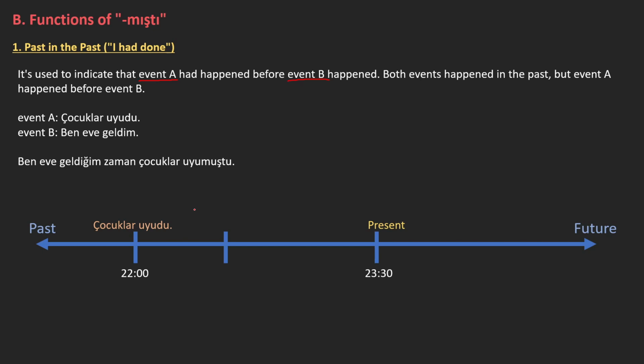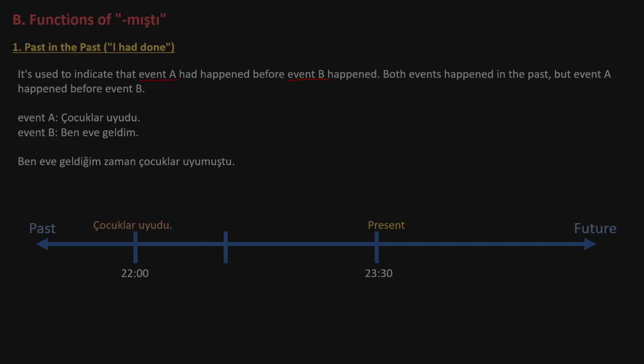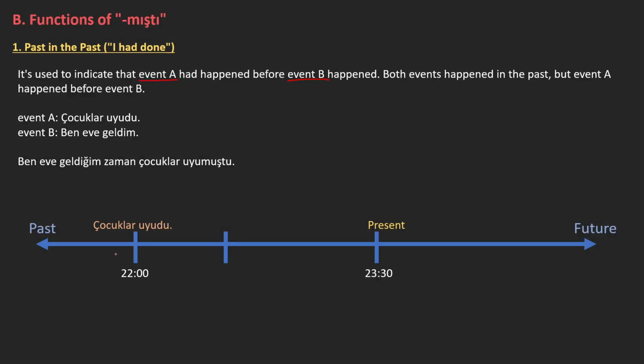You can also see the timestamps. Çocuklar uyudu. Çocuklar saat 10'da uyudu. And now the second event. Ben eve geldim. You can now see the timestamp again. That is like 30 minutes later after kids sleeping.